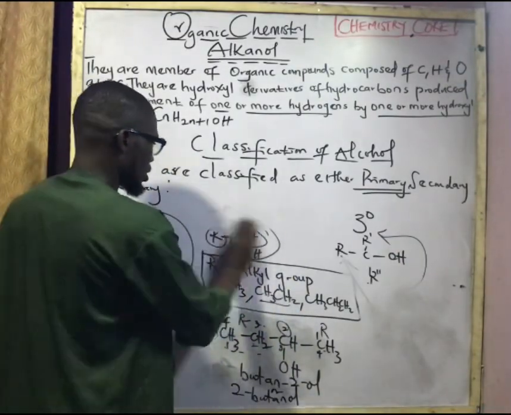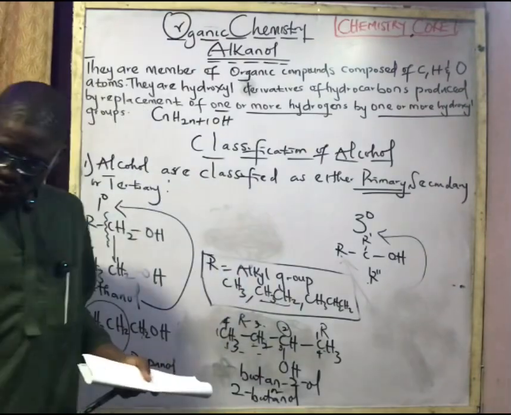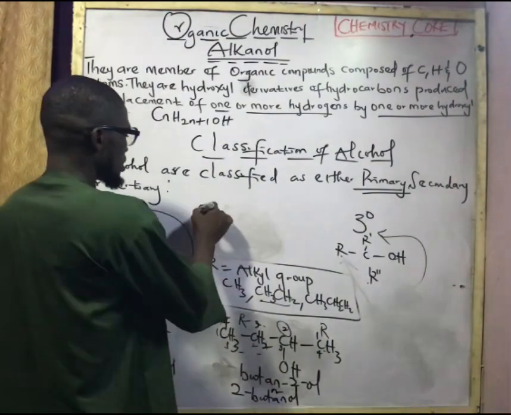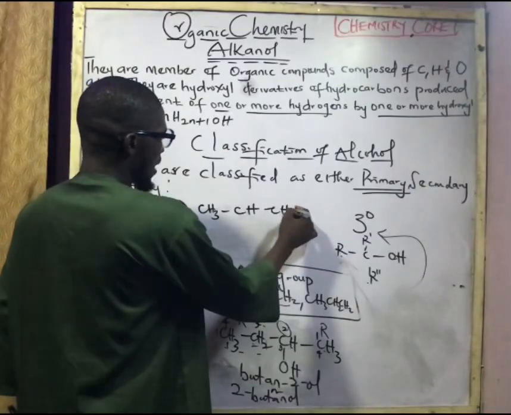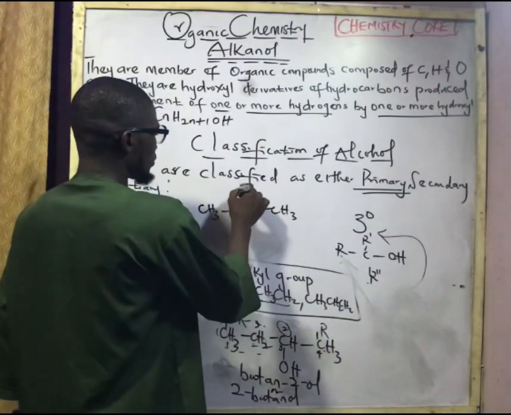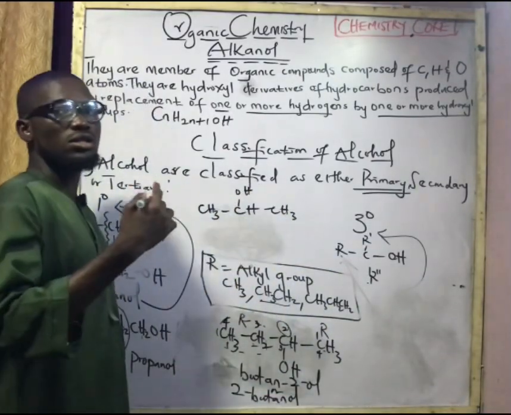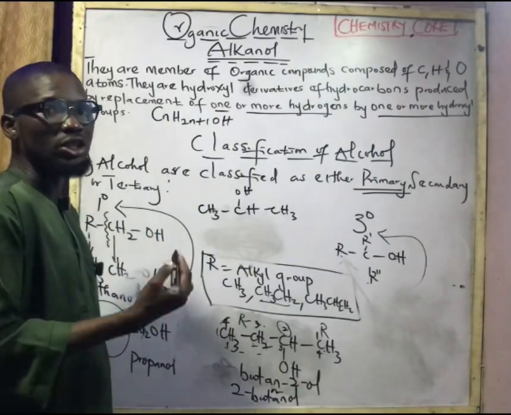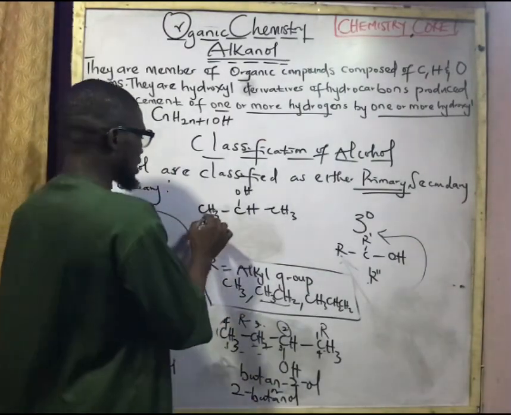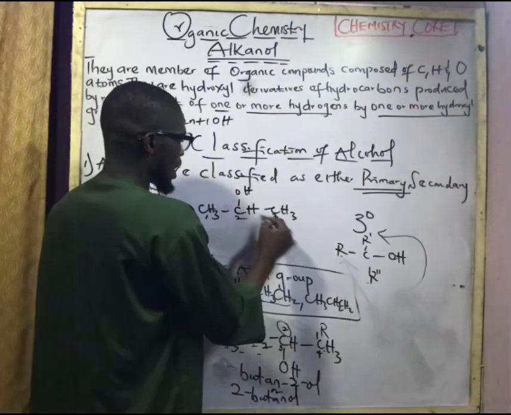Okay. Since we have the rules, we can say we have CH3, CH, CH3, and we have OH. Please don't mind the way you identify your functional group. Is that clear now? So guys, you can say that I have 1, I have 2, I have 3.